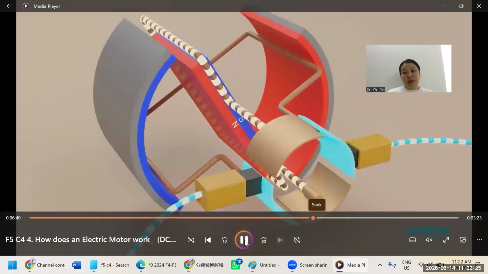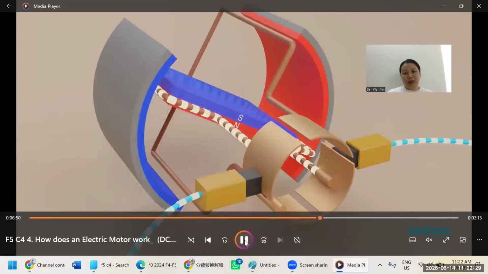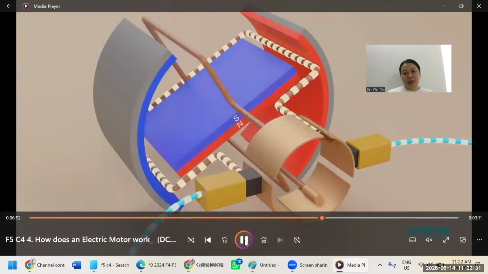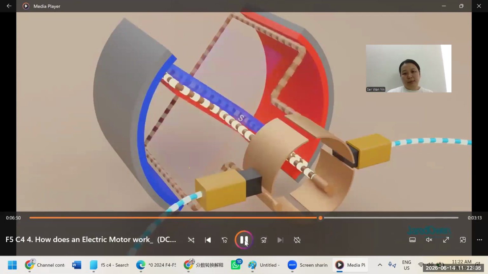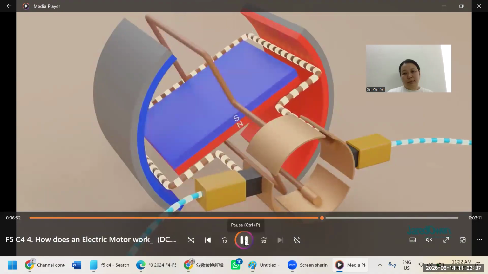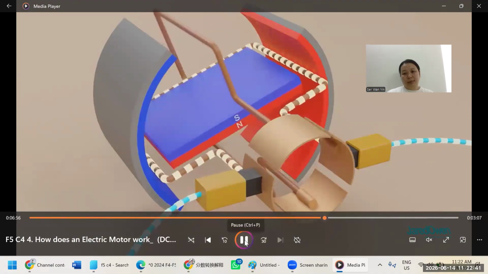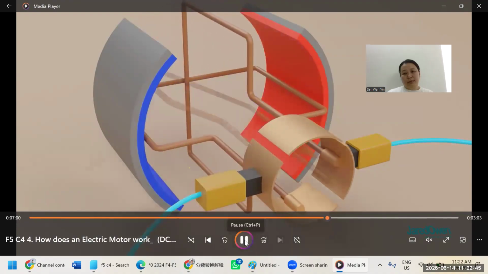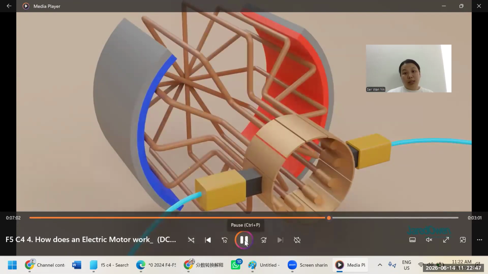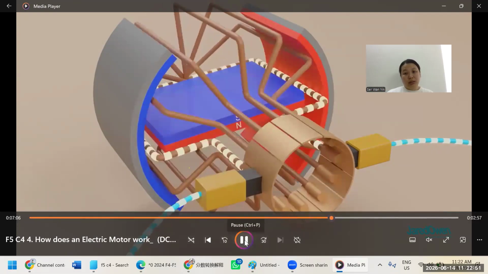But this one is also not powerful enough. So what we do is we make more commutator.